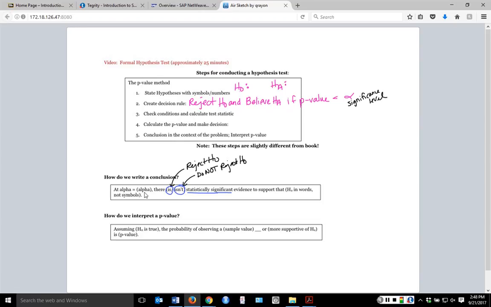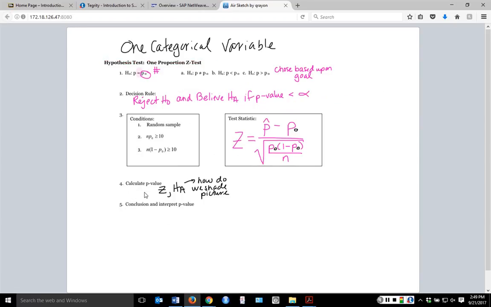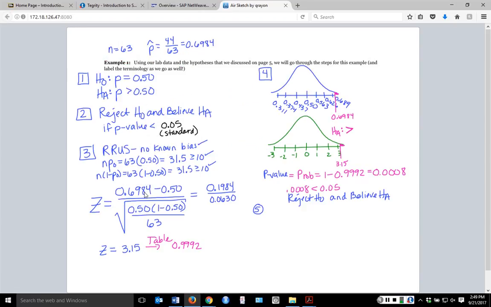So let's see how this translates to our problem. Our alpha is 0.05. We did reject up here, so I'm going to say there is. So that should be an S and not look like a 5.